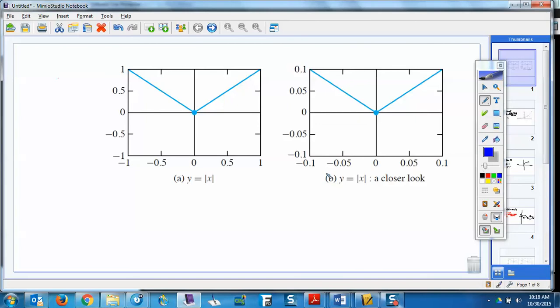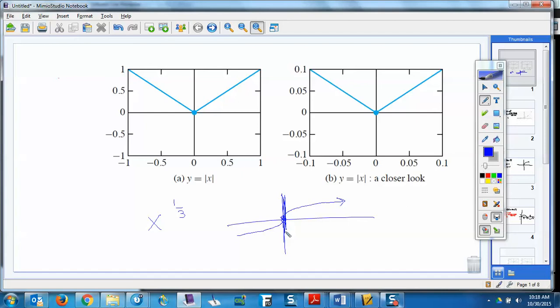Now another time when the slope is undefined, and I think it did come up in one of the homework problems, is if you graph x to the 1/3, or cube root of x. Here's what cube root of x looks like. It comes up like this, and then it kind of goes like this, and then it goes like that. The tangent line right there at the origin is vertical. It's got a vertical tangent line.